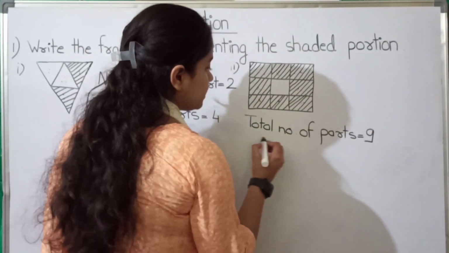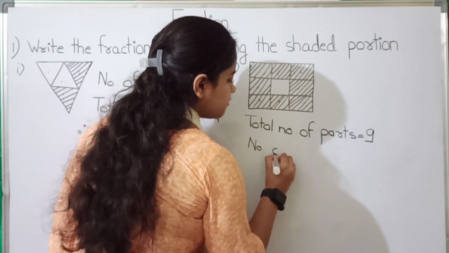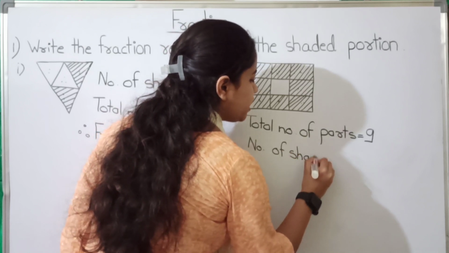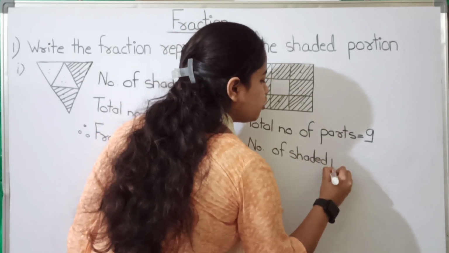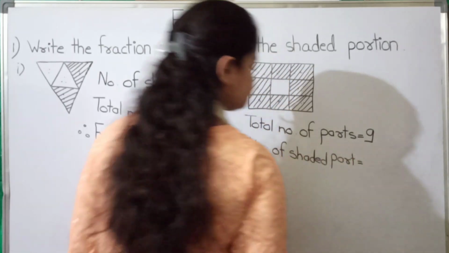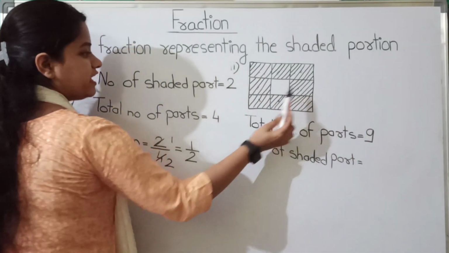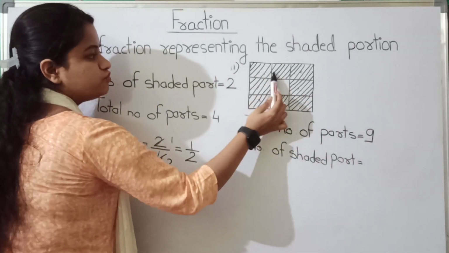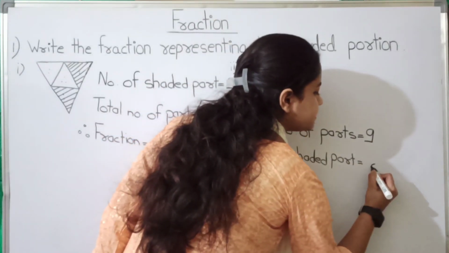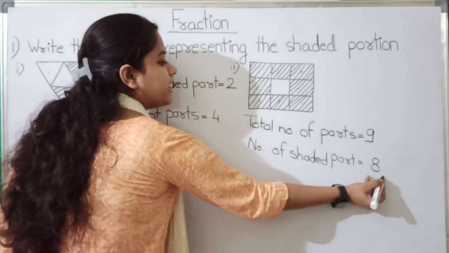And number of shaded parts. Number of shaded parts is how much? 1, 2, 3, 4, 5, 6, 7, 8. That is 8. Total parts is 9 and number of shaded parts is 8.